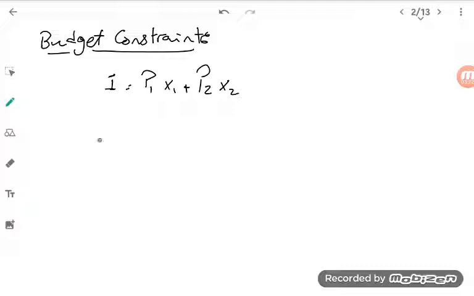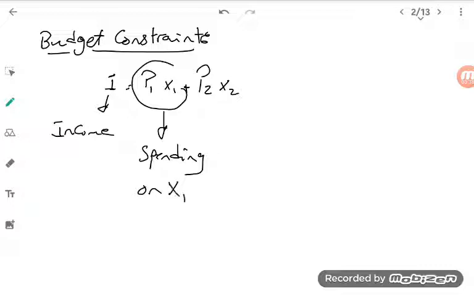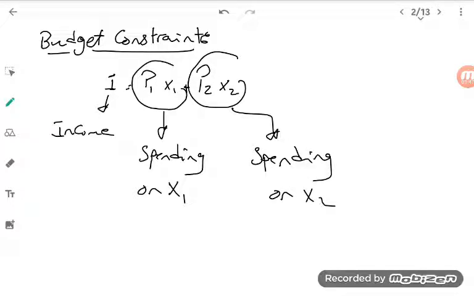So this constraint means that you are going to distribute your money income between spending on X1 and spending on X2.